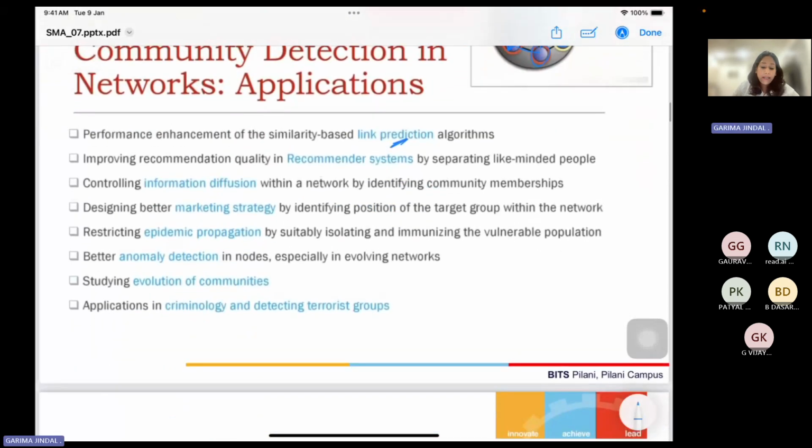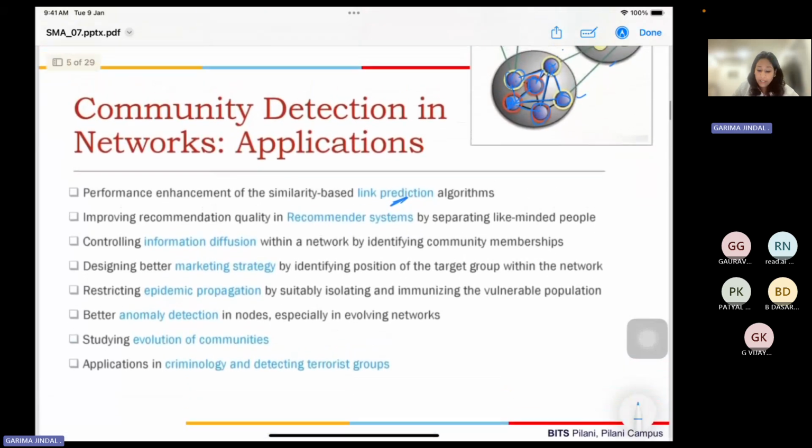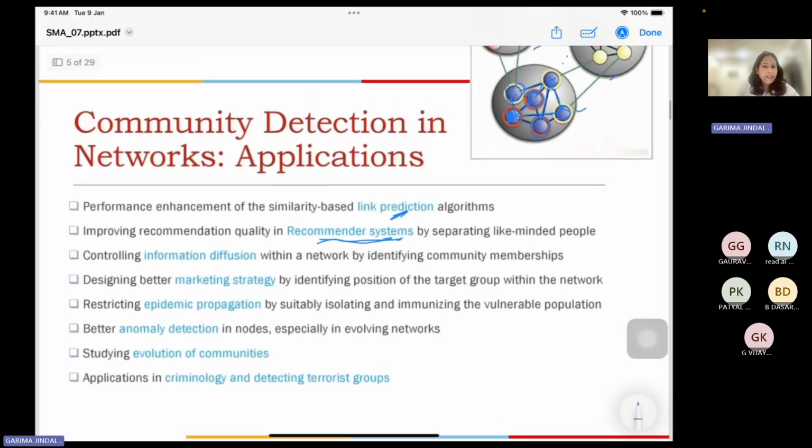Secondly, one application of link prediction is the recommendation system. So a recommendation is nothing but an application of link prediction. In order to design recommendation systems, it is very important to know to what particular community a particular node belongs.